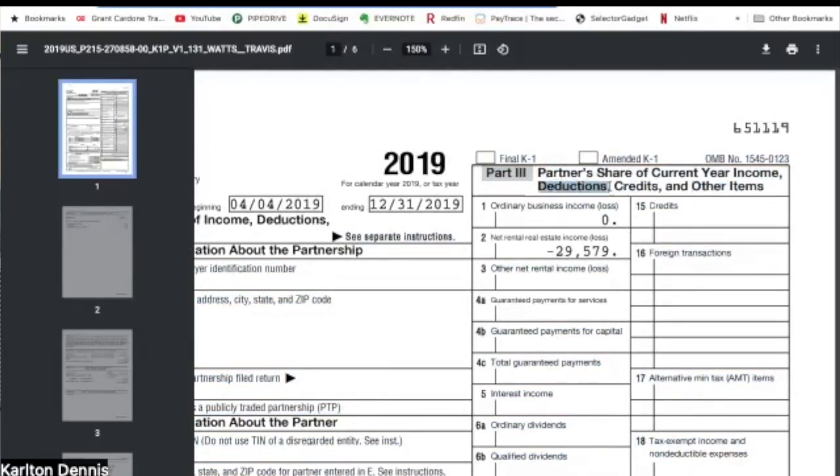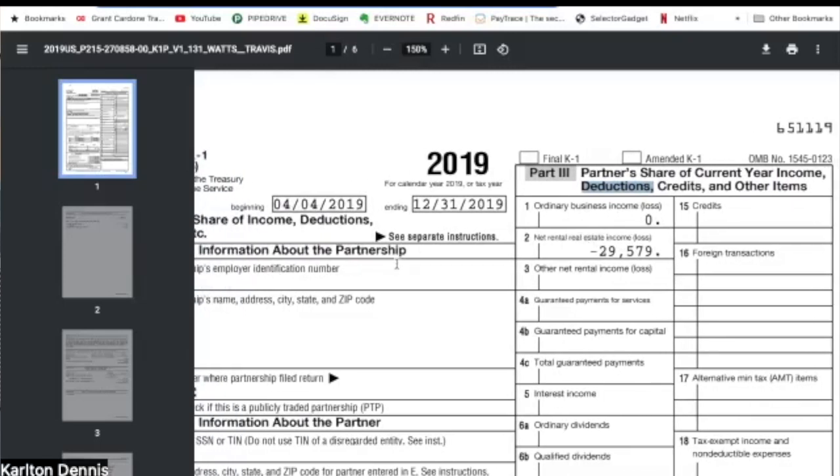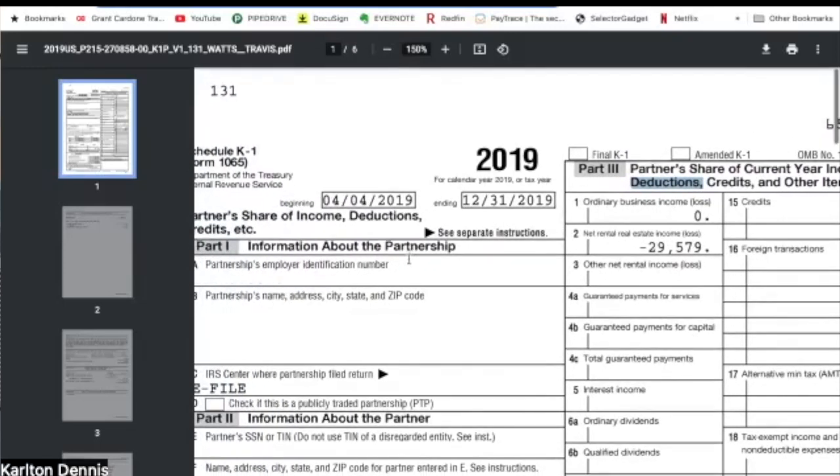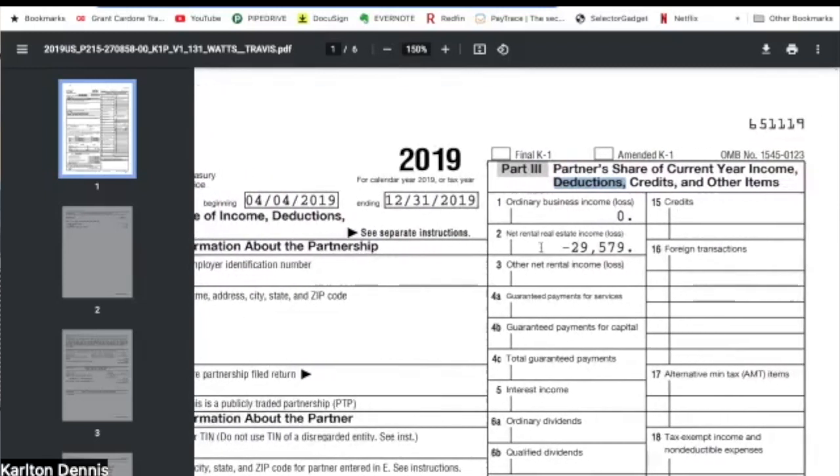But one of the most powerful tax deductions outside of writing off mortgage interest or property taxes or even management fees is the depreciation. And the depreciation is taken on the entire building's value that Travis and other members have decided to purchase through this partnership. Line number 1 tells me ordinary business income or loss.